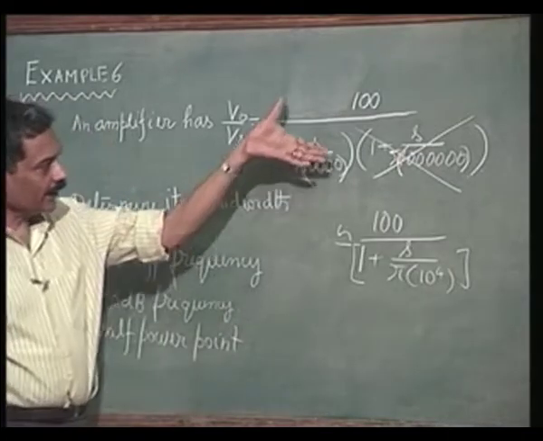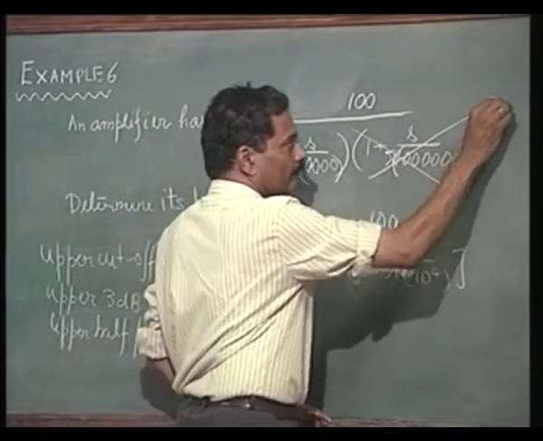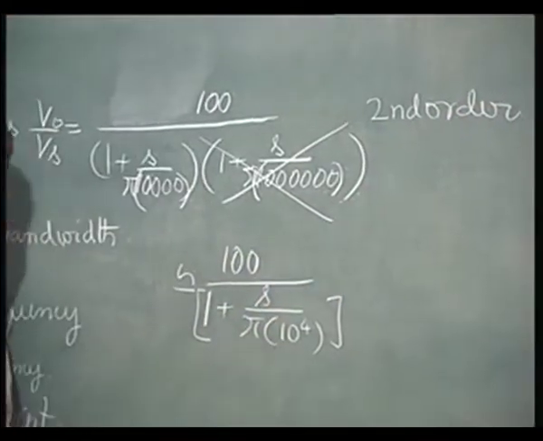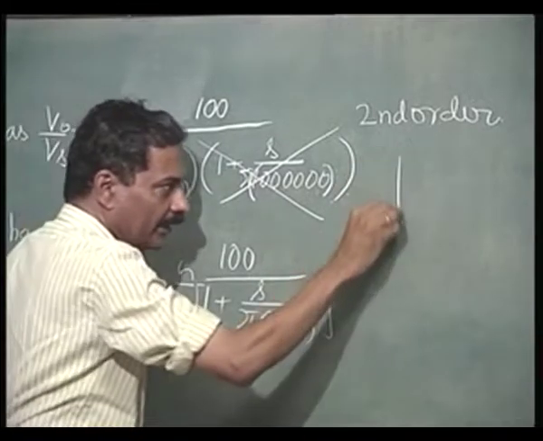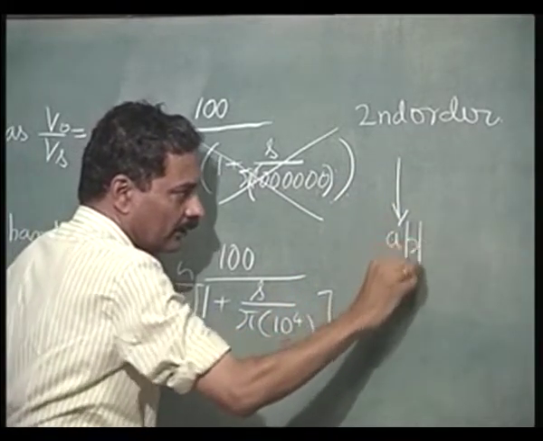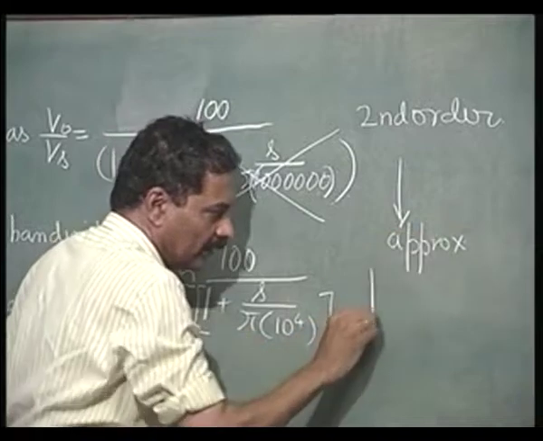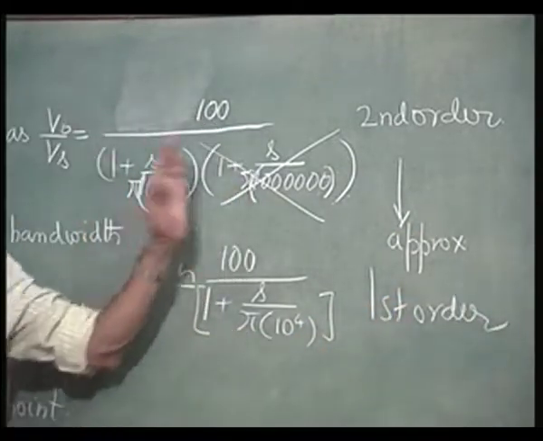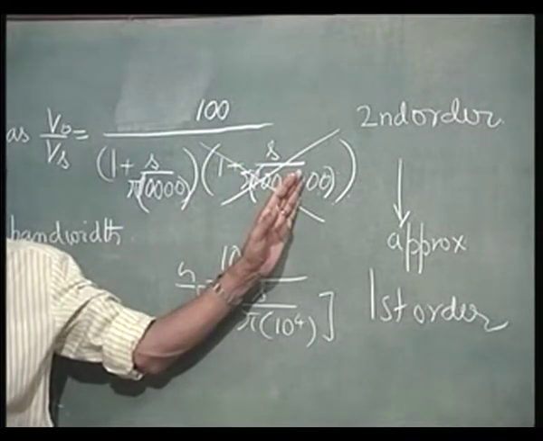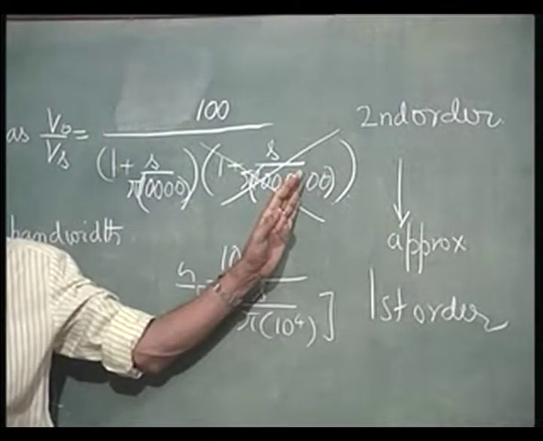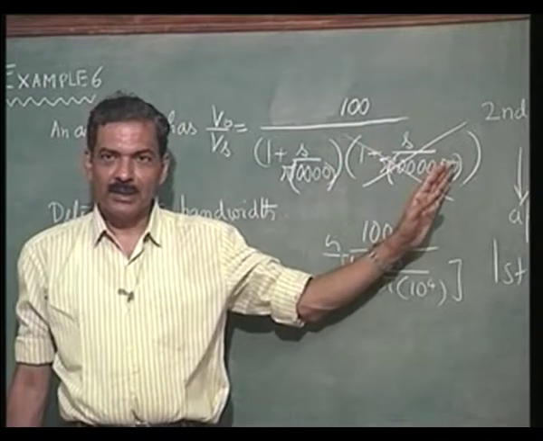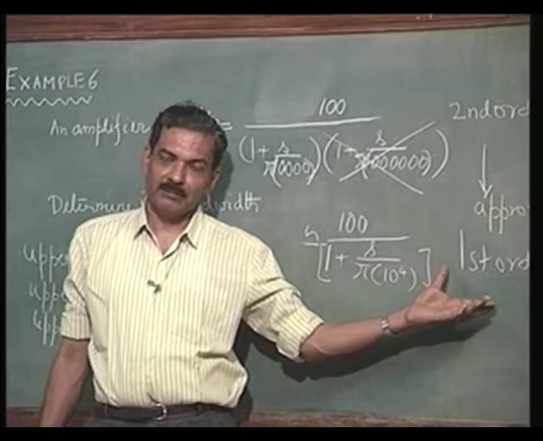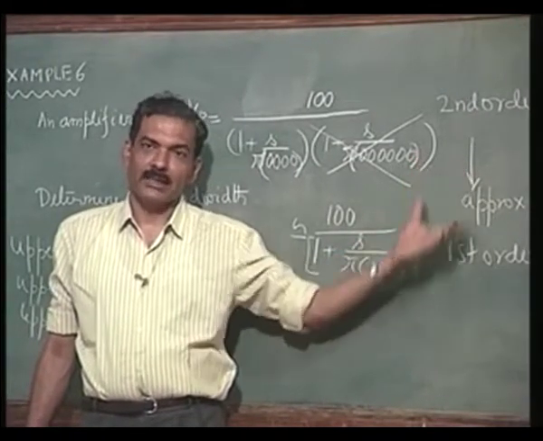So, even though this is a second order system, in effect, as an amplifier, we can approximate it as a first order. That means, when the next corner frequency is an order of magnitude different, that is 10 times higher, then you can approximate the system as one order less, first order.